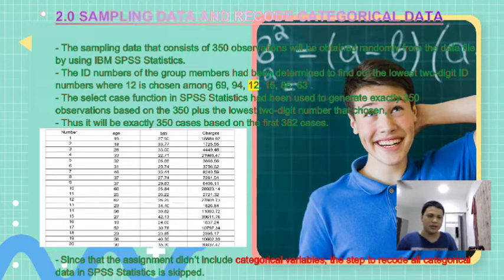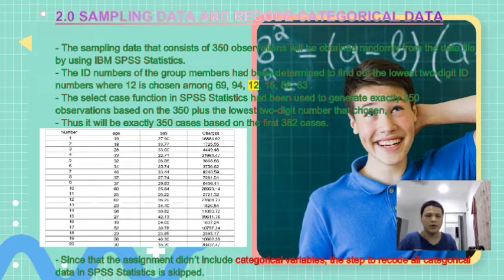The select case function in SPSS Statistics has been used to generate exactly 350 observations based on the 350 plus the lowest two-digit number that was chosen by us. So it will be 350 plus 12. Thus, it will be exactly 350 cases based on the first 362 cases.